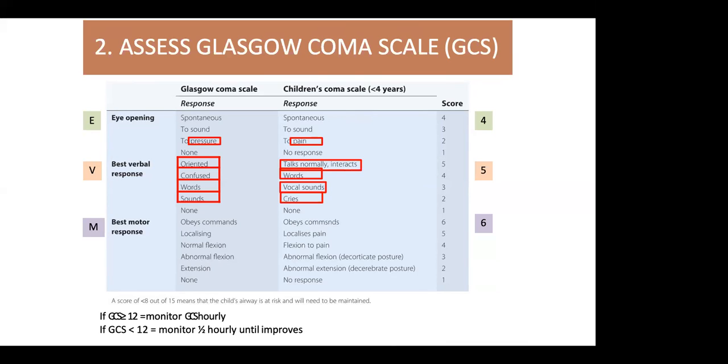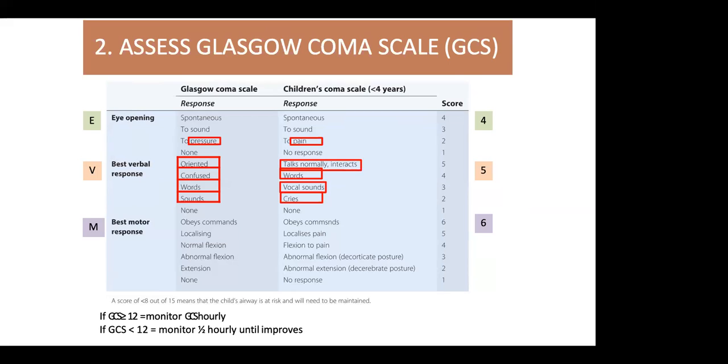And the total score for each component is 4, 5, and 6 respectively. Please note that there are just a few differences in assessing GCS in child more than 4 years old and child less than 4 years old. But generally the component is the same.